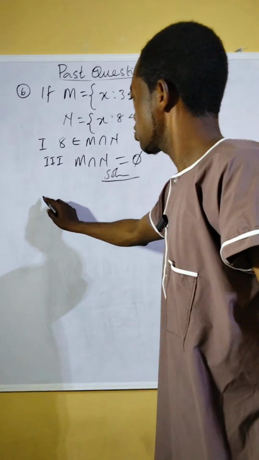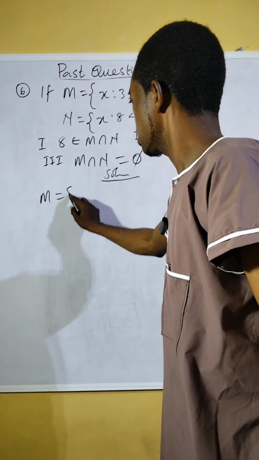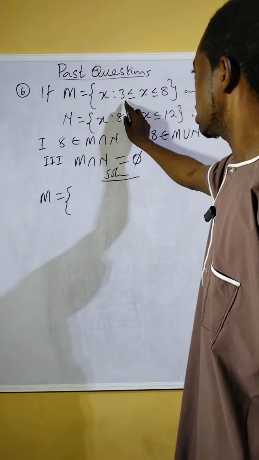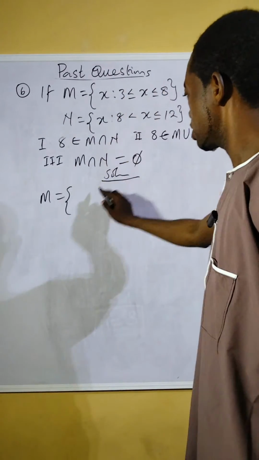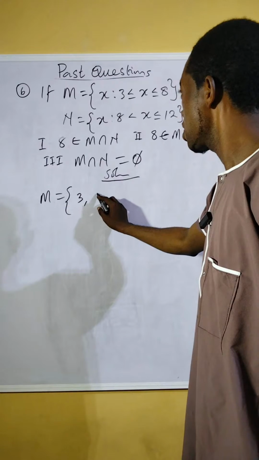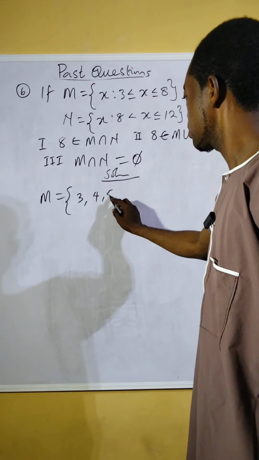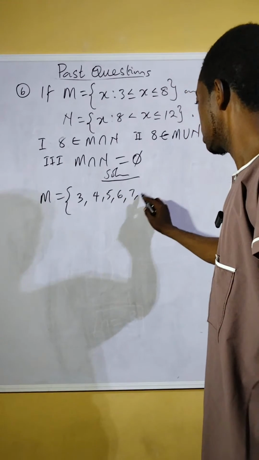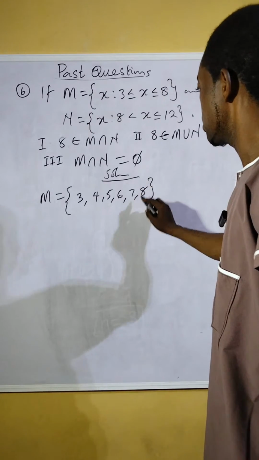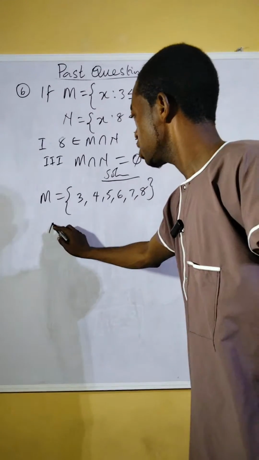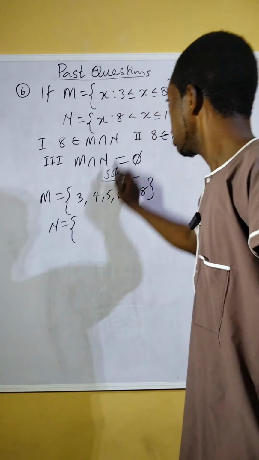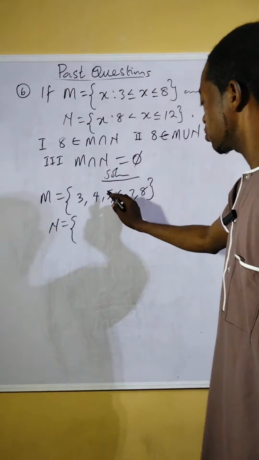When we write it out, the elements of M start from 3 and stop at 8. So we have 3, 4, 5, 6, 7, 8. These are the elements of M. And the elements of N also, here 8 is not inclusive, so it starts from 9.